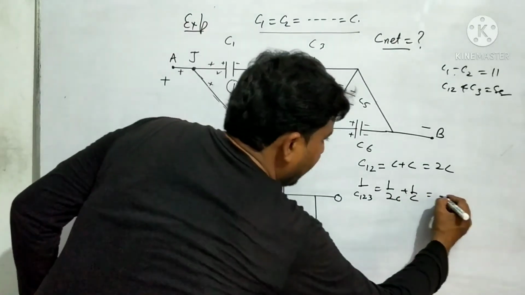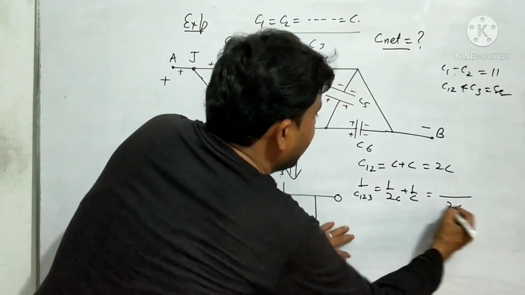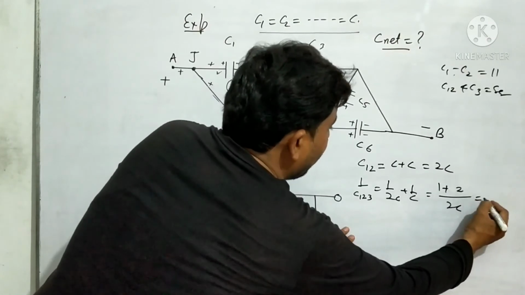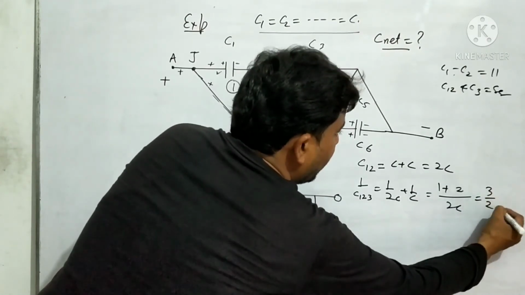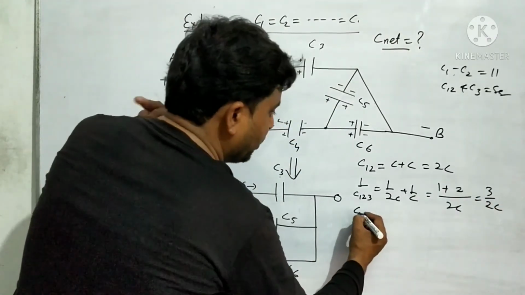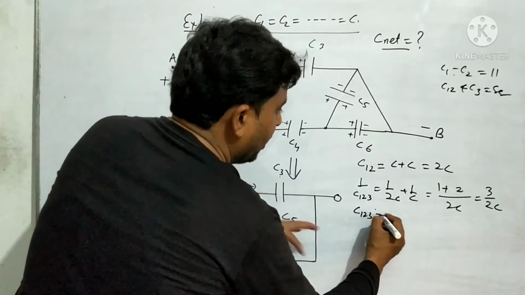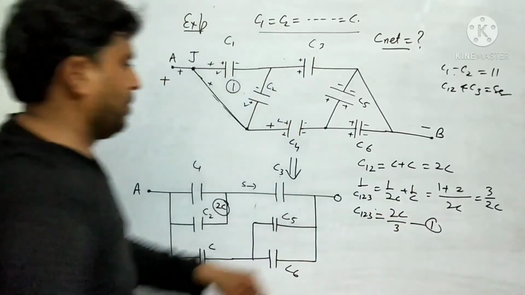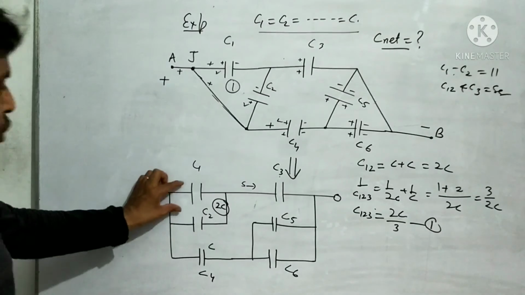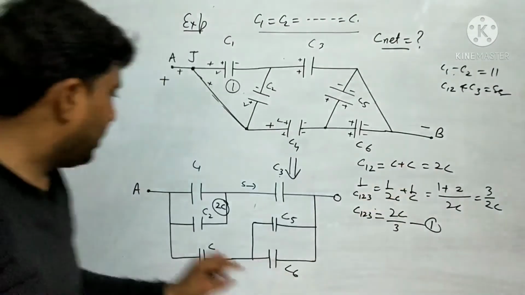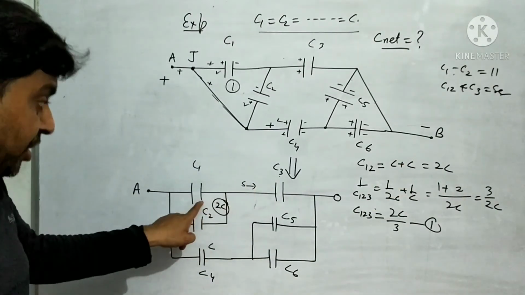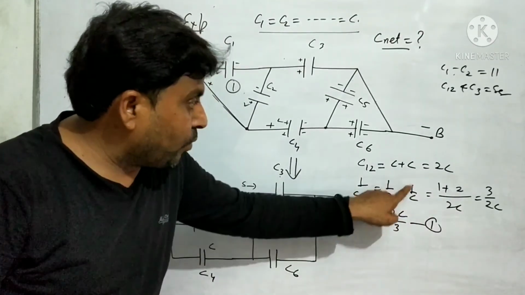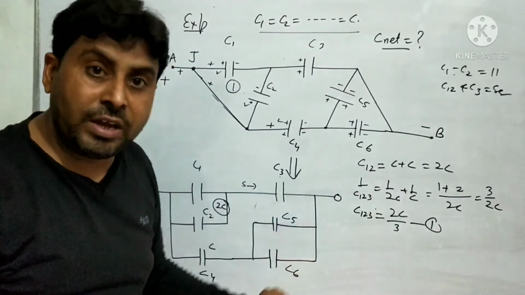Take LCM of 2C, then 1 plus 2, that will be 3 over 2C, or C123 equals 2C over 3, equation number 1. The net combination of these 2C and C3 connected in series with them is the series formula here.